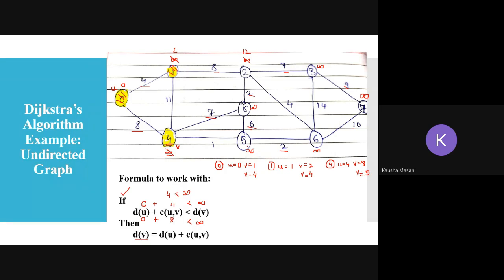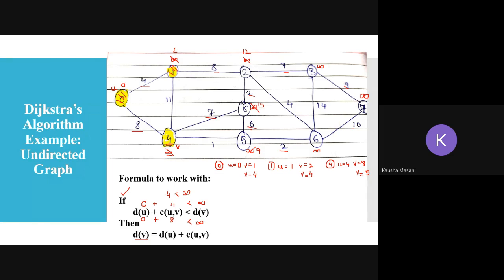Right? So give me the updated distance at 8 and 5, students. What is the updated distance at 8? 15. And at 5, you have 9. Correct.